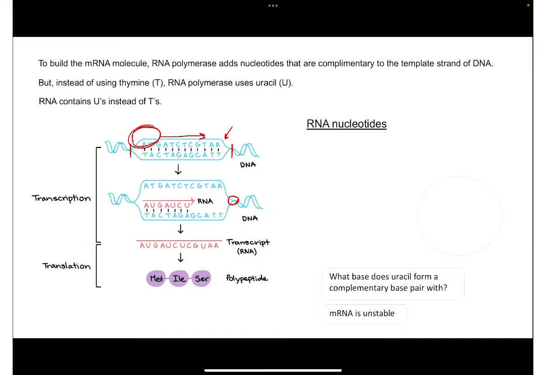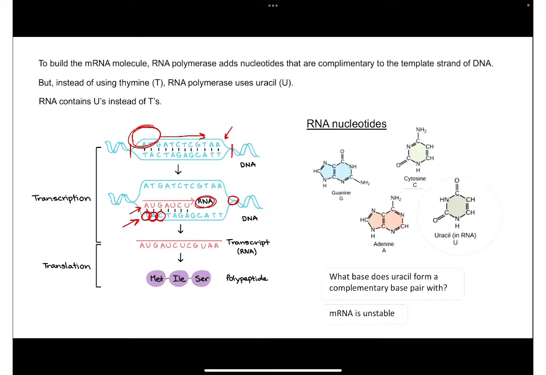And then what it's going to do is it's going to go down here on the template strand, and it's going to read the genetic sequence of the gene. And in response to that, it's going to add complementary base pairs to build an RNA molecule.